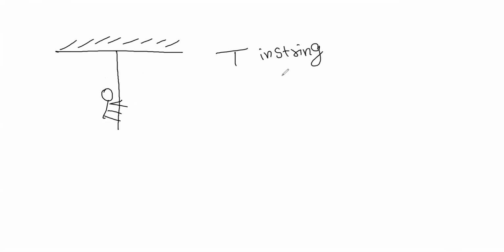Let us suppose this one. What is the tension in the string when a monkey of mass 20 kg is climbing upwards with an acceleration of 3 meters per second square?